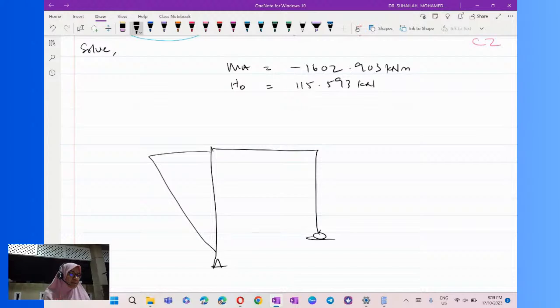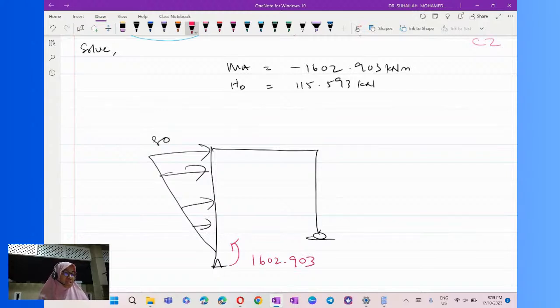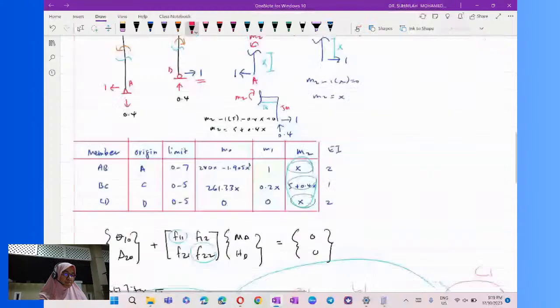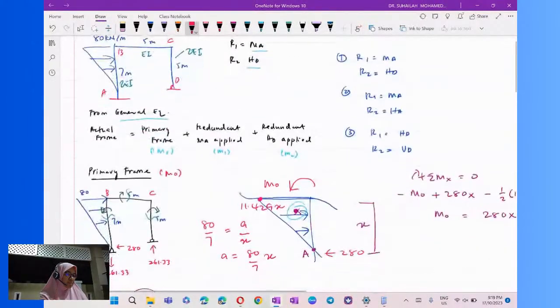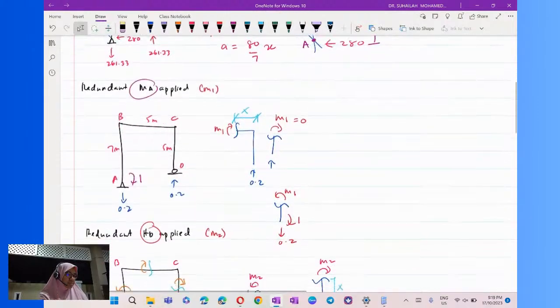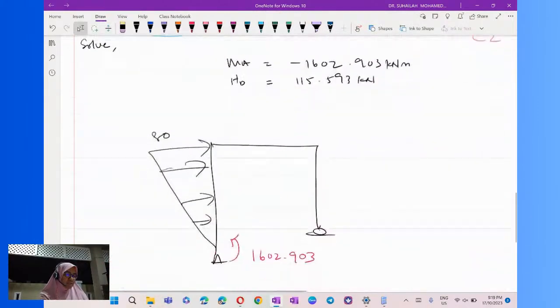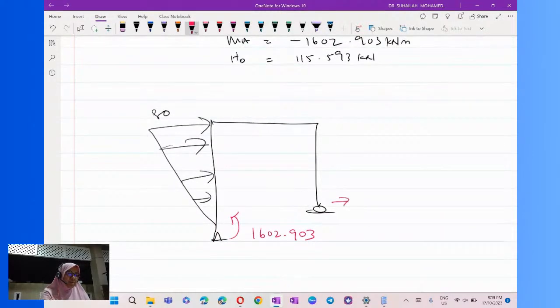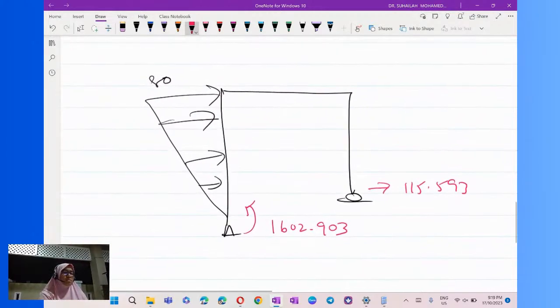The moment at A is negative, 1602.903, and HD is positive, 115.593.